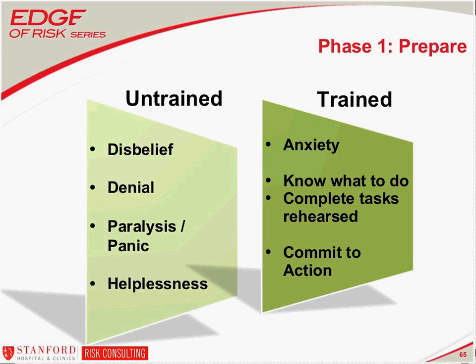For example, untrained staff often experience disbelief and denial in a crisis situation and may be paralyzed by a sense of helplessness. In contrast, trained staff will have some anxiety, but they'll know what to do. They'll complete the tasks they have rehearsed in exercises and commit to their actions.